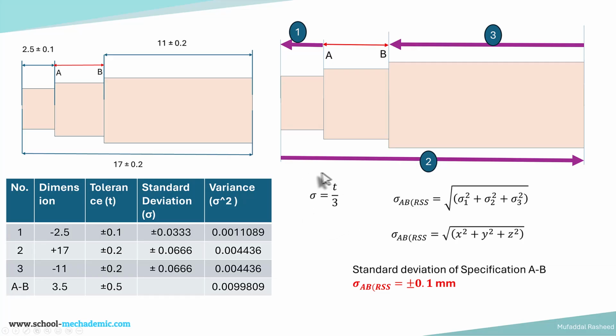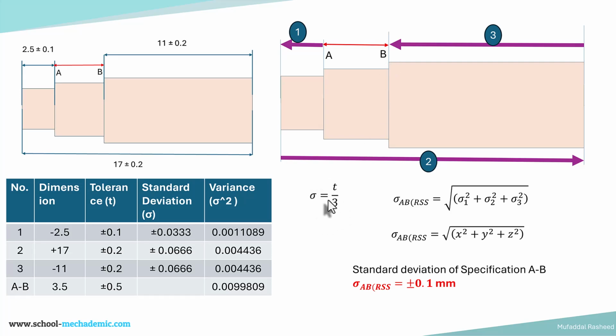This is an important assumption. We are assuming that the process used to manufacture all of these specifications is a plus or minus 3 sigma process. So the result we get is in the form of the standard deviation of the gap AB. And if we know the standard deviation, we can calculate the corresponding tolerance range for AB by using this formula again.